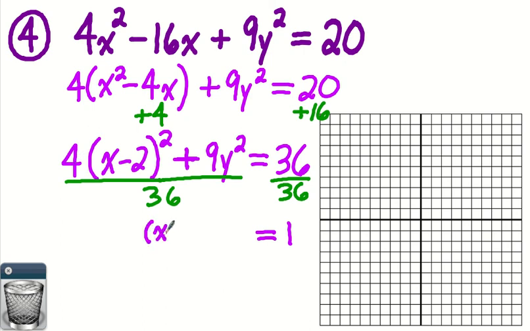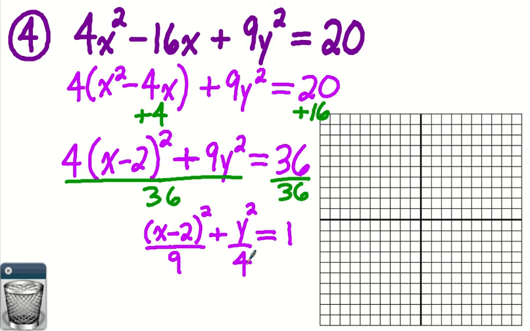And we have x minus 2 squared over 9, because 4 over 36 reduces to 1 over 9. When I divide this 9y squared by 36, the 9 and the 36 reduce with each other. And I have just y squared over 4.